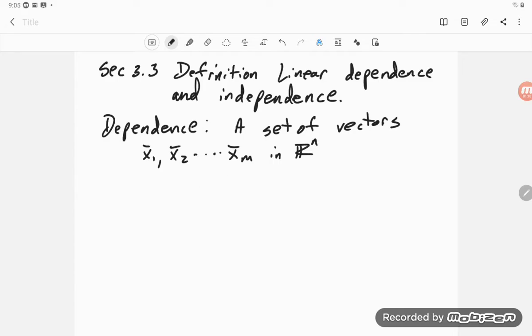They use an F for any field, but typically for us, we're working in the real numbers.